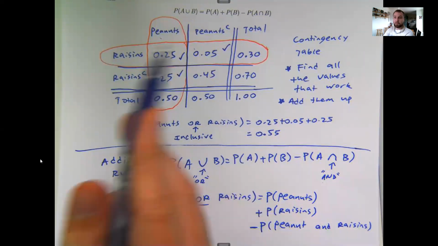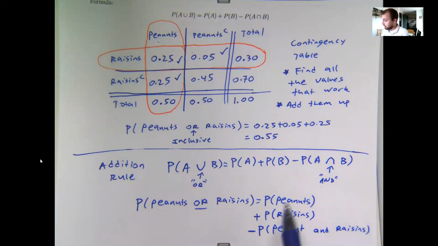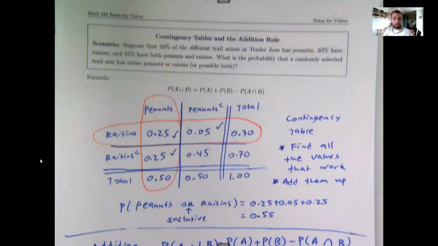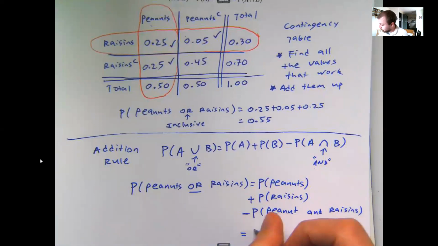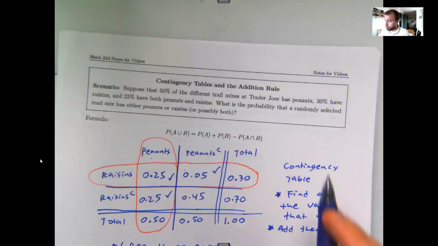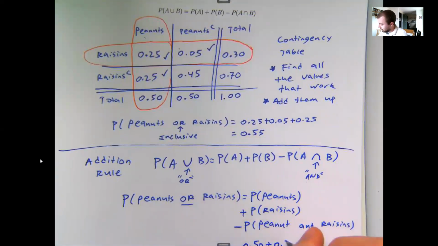Now, I can use the table to come up with this. I can also look at the paragraph to find these numbers. Let's go ahead and use the paragraph. 50% have peanuts, so 0.50. 30% have raisins, 0.30.